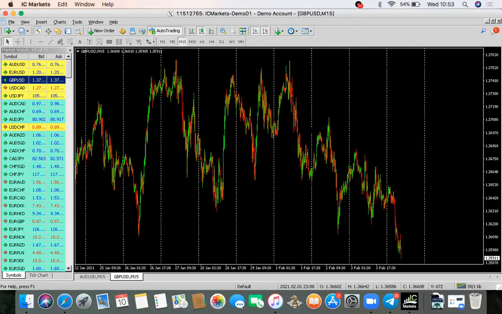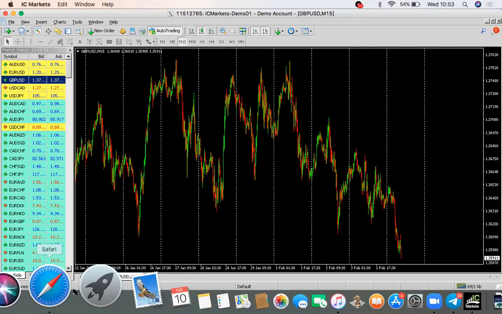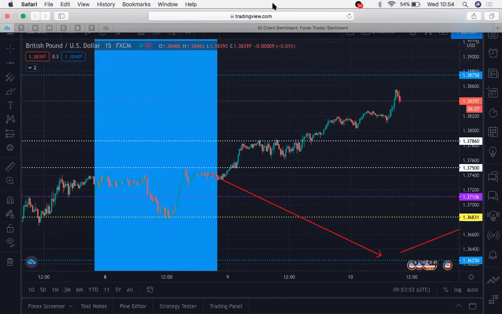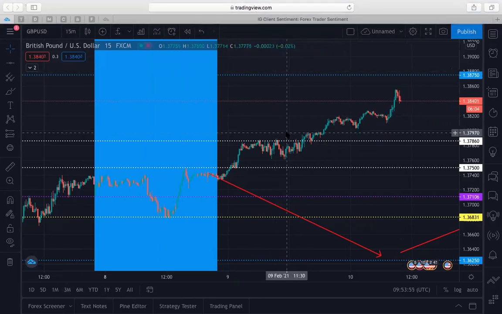That's a screen of MT4. Yeah, this is MT4 because I want to use the moving averages. No, I cannot see it. I'm now looking at TradingView. You're still looking at TradingView? Yeah. Okay, give me a minute. What about now?